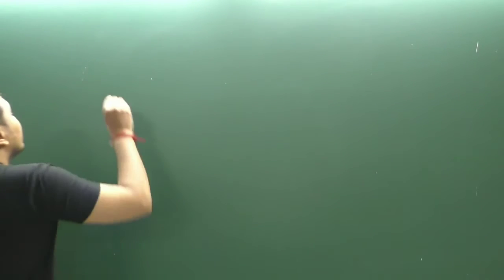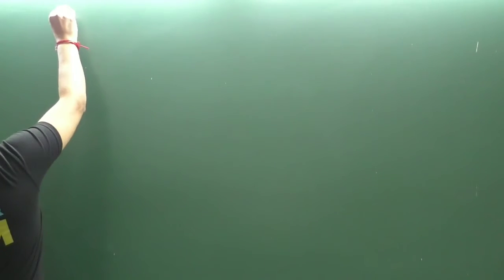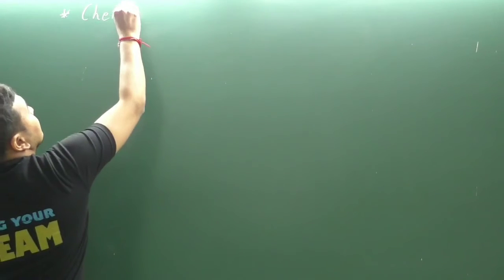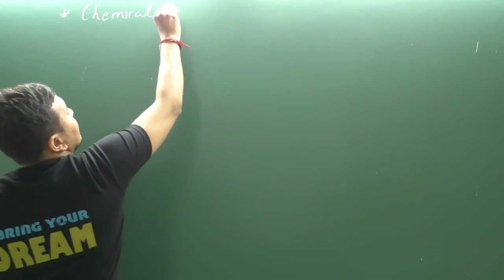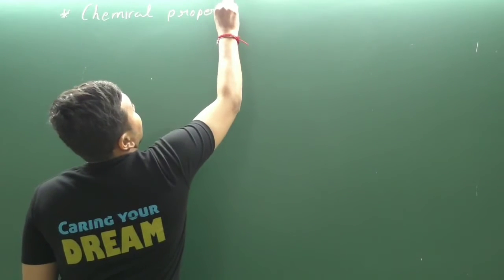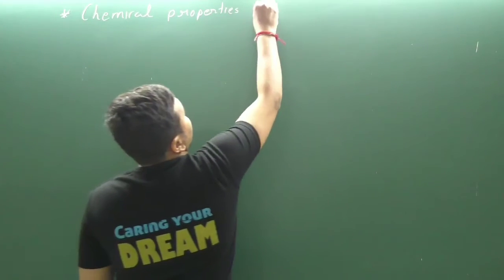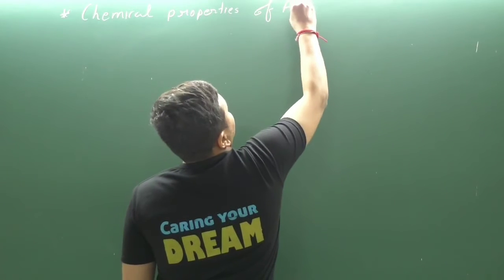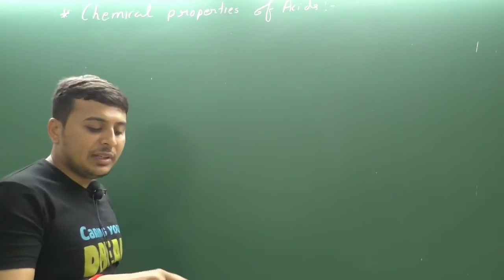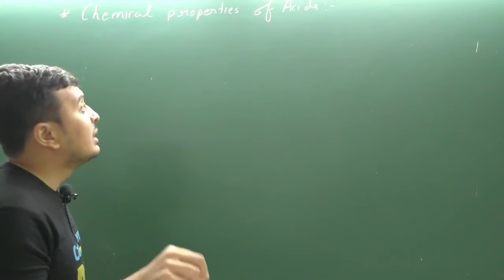So starting from the first chemical property, you can have the title: chemical properties of acids. First we will see all the chemical properties of acid, and then we will learn about the chemical properties of base.